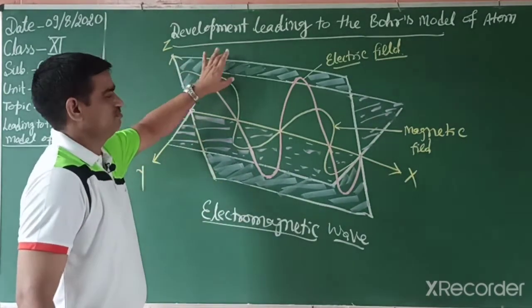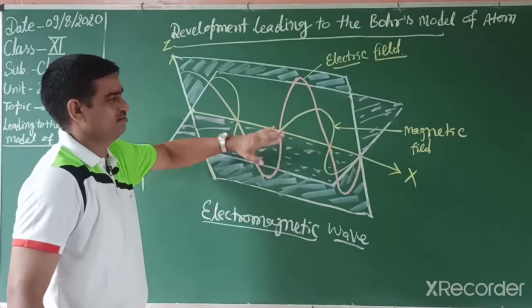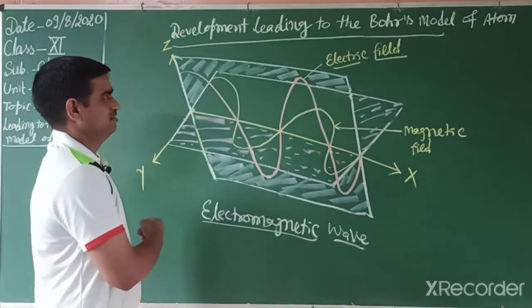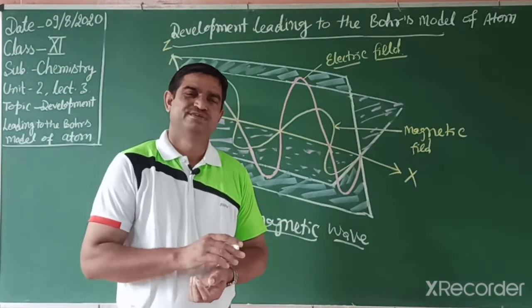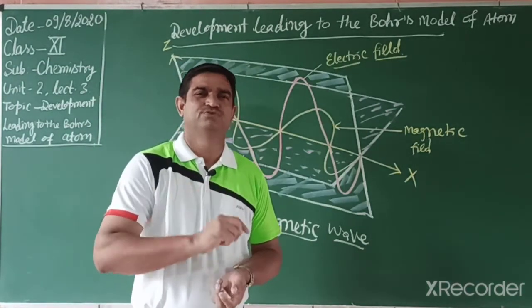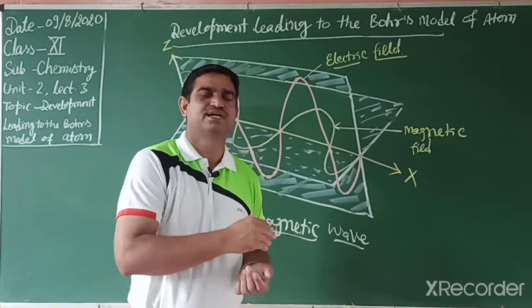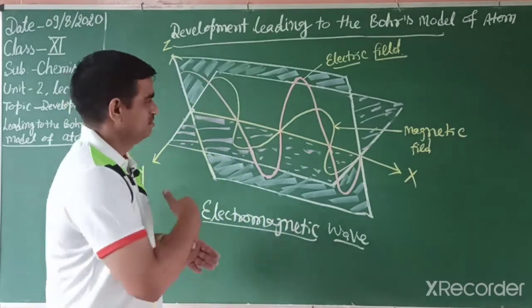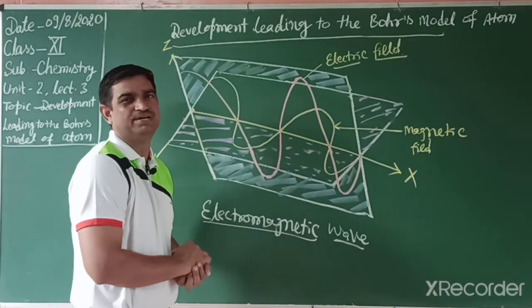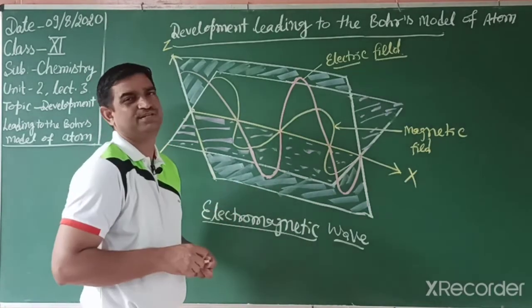When a charged object accelerates due to revolution and rotation, its electric and magnetic fields are generated. That electric field is transmitted as a wave. So that is the movement in this way.